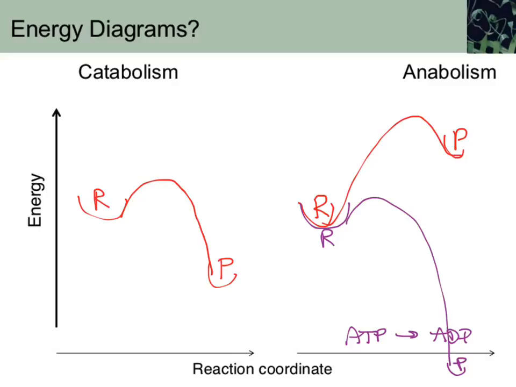For the overall reaction, the red one is a positive value, the purple one is massively negative. When I run those two reactions simultaneously, the overall result is negative. Now that reaction proceeds. Does that make sense?